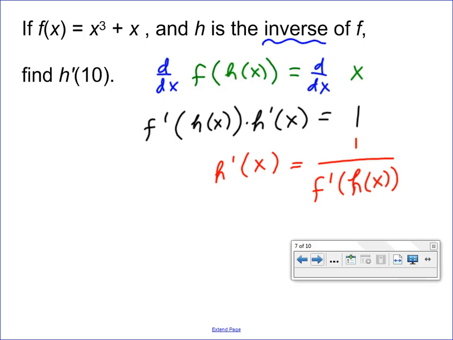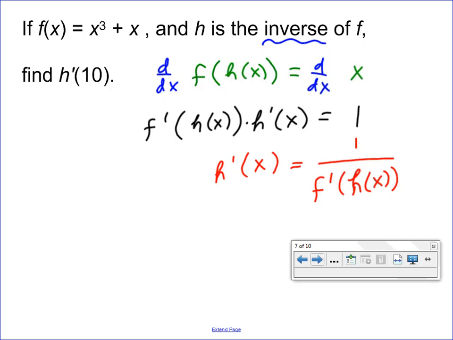So we need a couple things. Firstly, we know that h and f are inverses, which means that the ordered pair x comma y on f corresponds exactly to the ordered pair y comma x on h's graph. And so let's see if we can use that to our advantage.